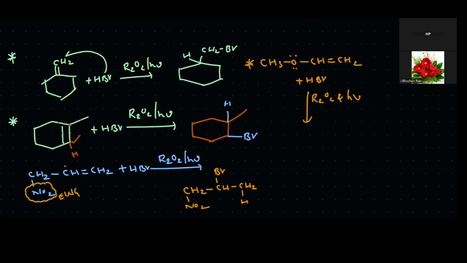So it is the releasing group only now. The group attached is a plus M case. In the previous case it was an electron withdrawing group. Now this one acts as an electron releasing group. If an electron releasing group is present, the product formation is CH3O CH H CH2Br. The same product forms, as we discussed in the previous cases.